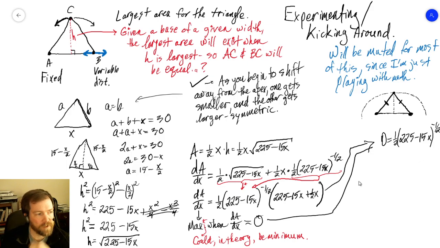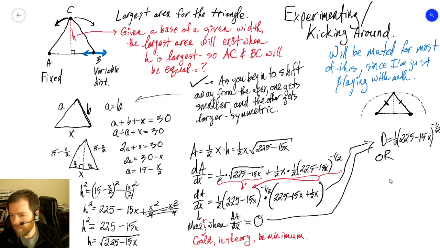I'm just going to skip a step, so you wouldn't want to do this on your homework or anything, but because this is multiplication, and we're setting it equal to 0, either the first term has to be 0 or the second term has to be 0. That second term there is going to be 225 minus 14.5x. And the first term is going to be this one here.